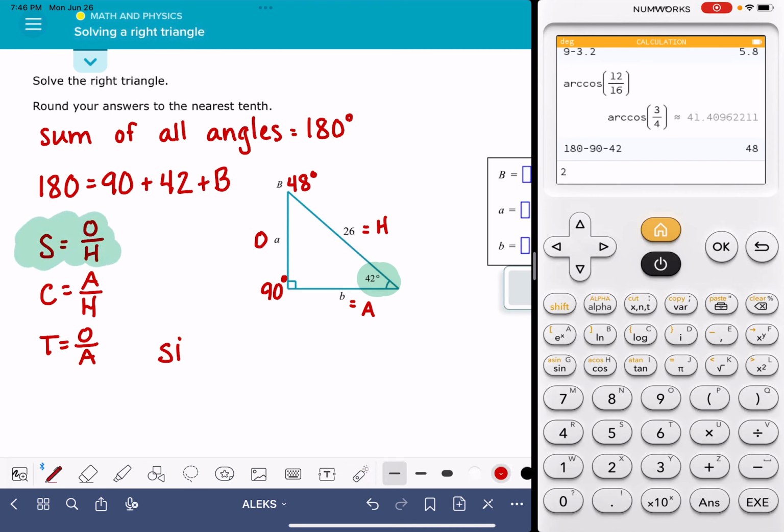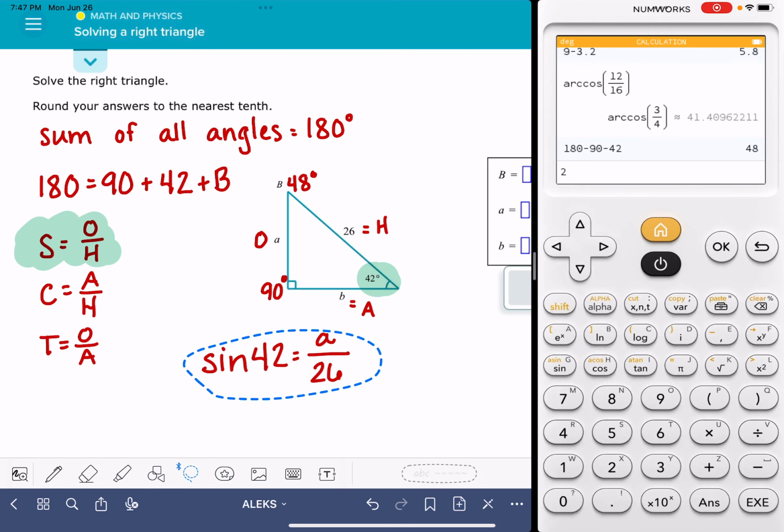The sine of that angle, 42 degrees, is going to be equal to that unknown side. I'm going to go back to calling it A. That's what it's designated in ALEKS, over the hypotenuse, which has a length of 26. Let's just kind of simplify this equation a little bit. Because we're trying to solve for A, let's go ahead and multiply both sides of this equation by 26 so that we can isolate that A variable.